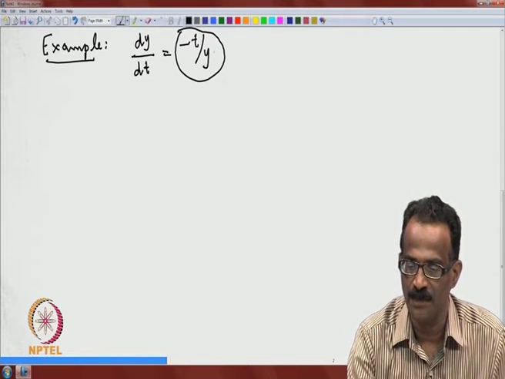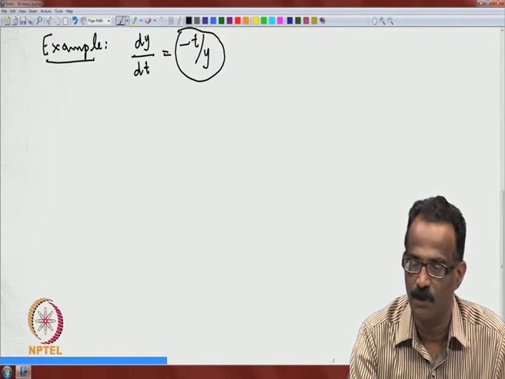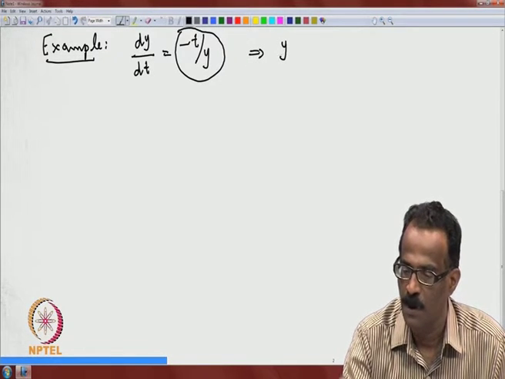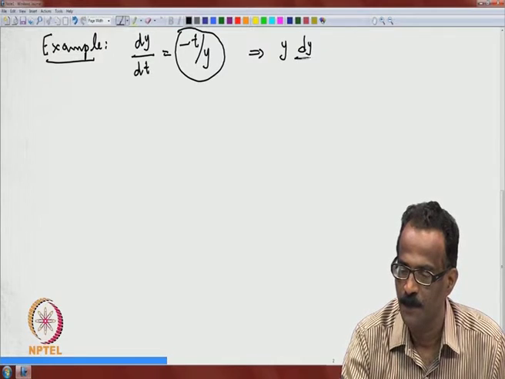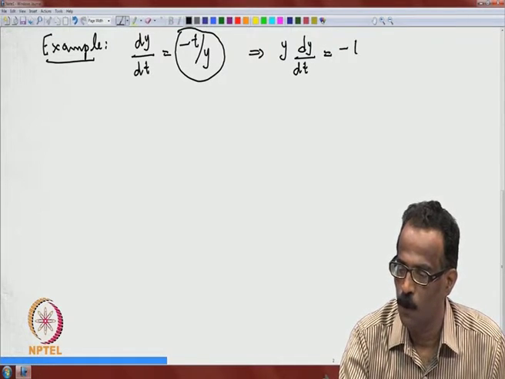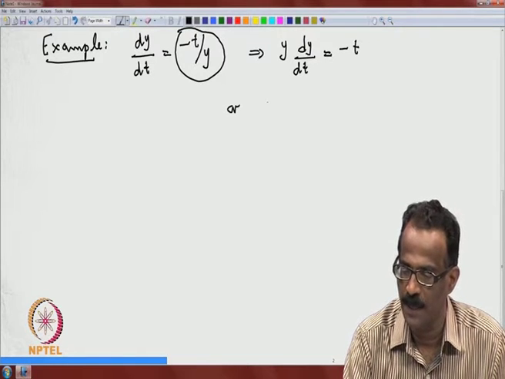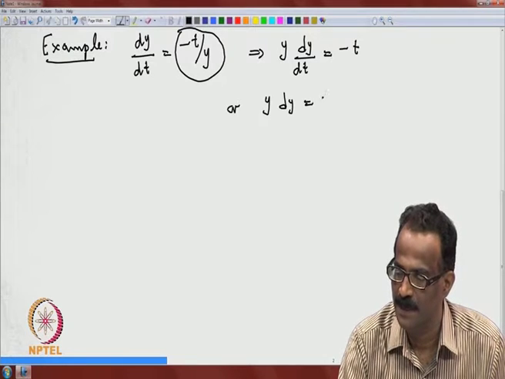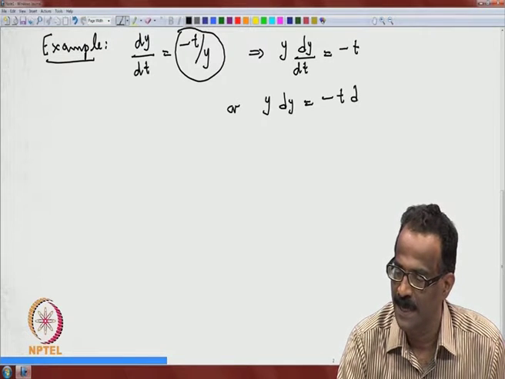So, this is in the category of singular differential equations. If you write this equation, this is of the form y dy/dt is equal to minus t, or in the formal notation of symbolic integral, this is nothing but y dy equal to minus t dt.